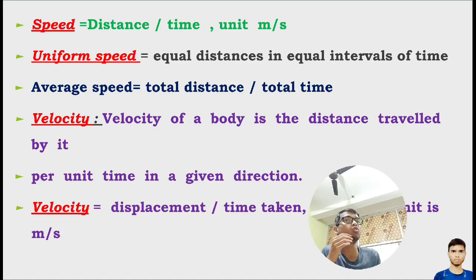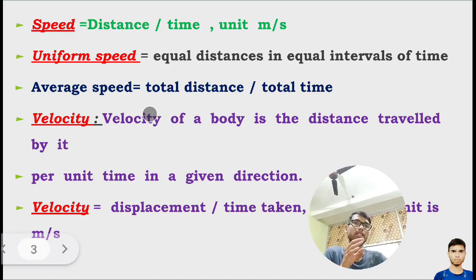This is uniform speed. The speed would be the same after 1 hour, after 2 minutes. Equal distance in equal intervals of time.